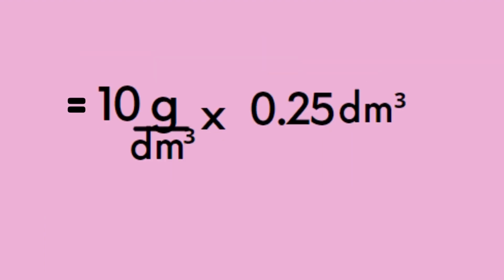Ano ang napapansin sa solution? May nakikita ba kayong parehas na unit? Tama! Ano nga ang gagawin kapag may parehas na unit sa numerator at denominator? Tama! Ito ay ating ika-cancel. Now, cancel same units.